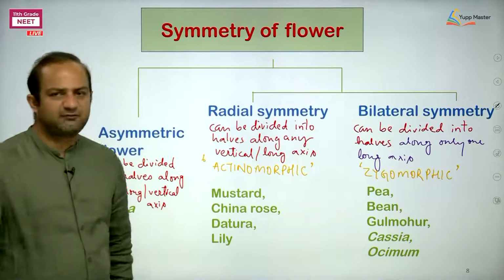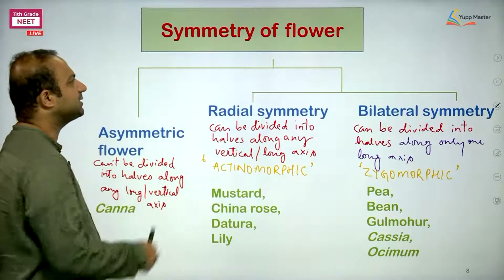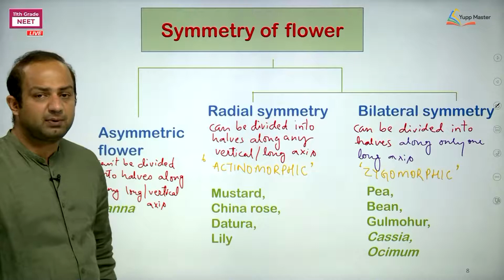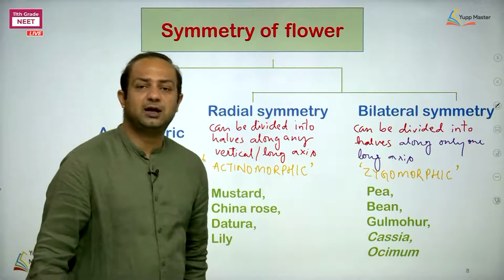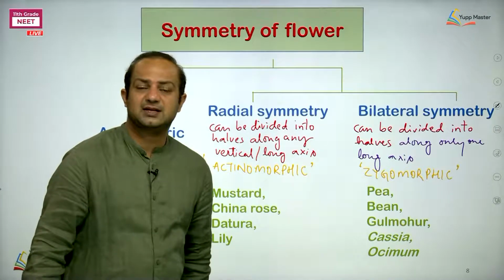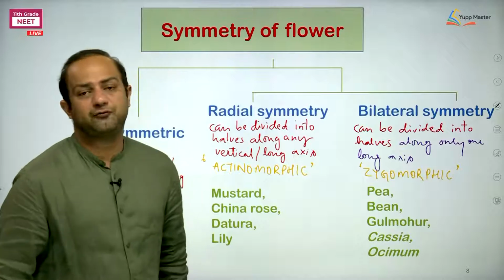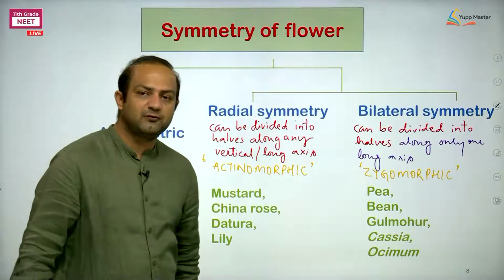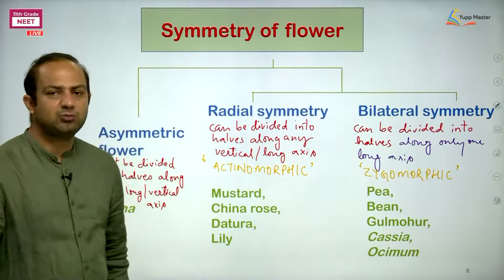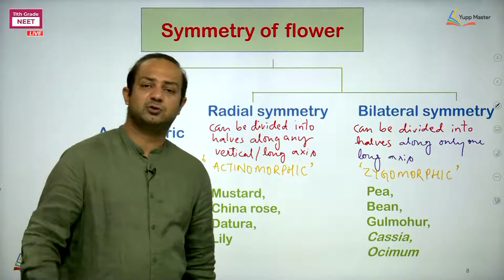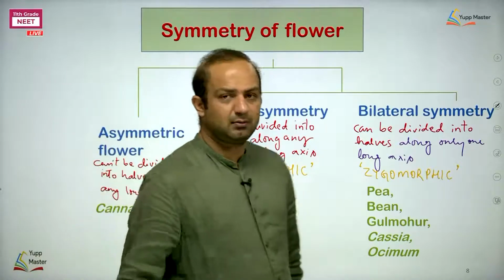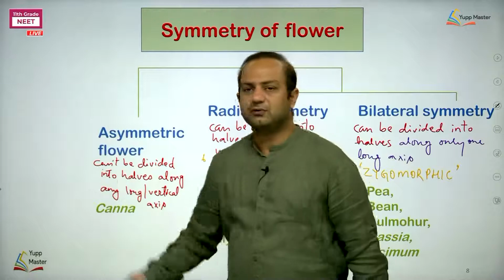So among the families actually, this is what I told you about the symmetry of flower. Remember, questions can be asked giving a number of examples and asking how many of the following, or which of the following, are actinomorphic, not actinomorphic, zygomorphic, not zygomorphic, or not symmetrical, right? Such questions can be put up.